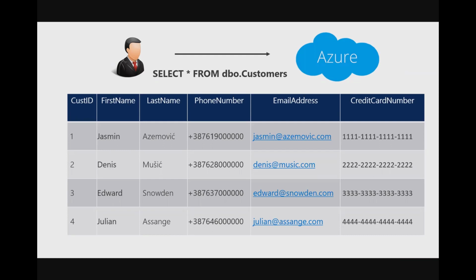From the operator perspective, this can be an issue, because the user, maybe it's their job, can see credit card numbers, emails, and phone numbers, but maybe for that specific job item it is not necessary.